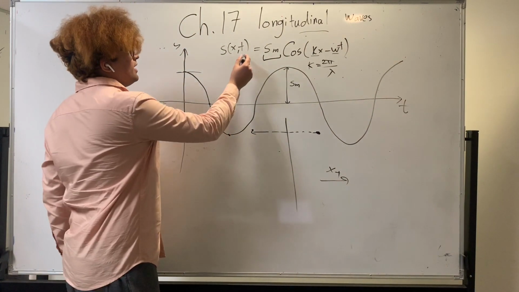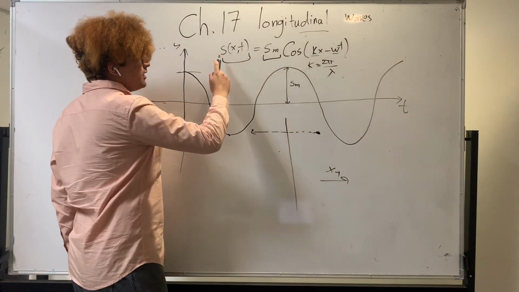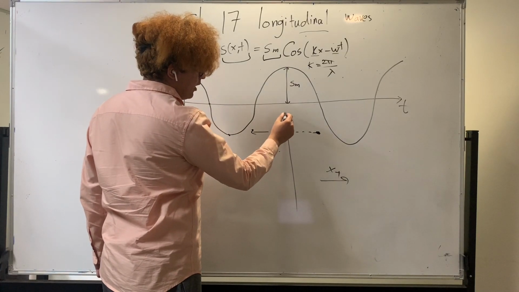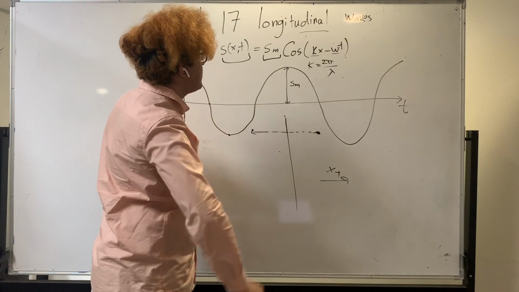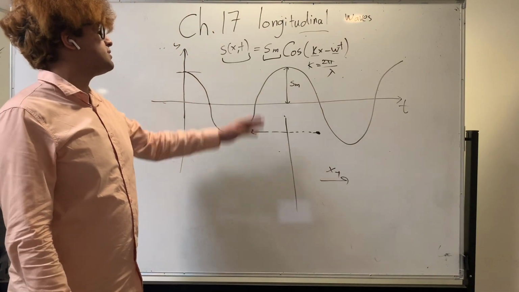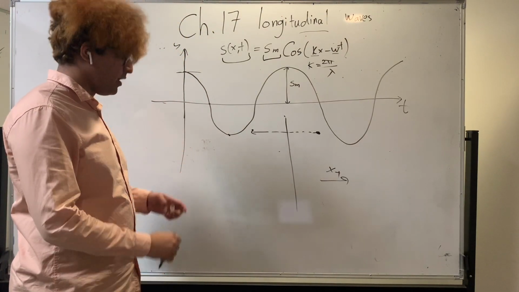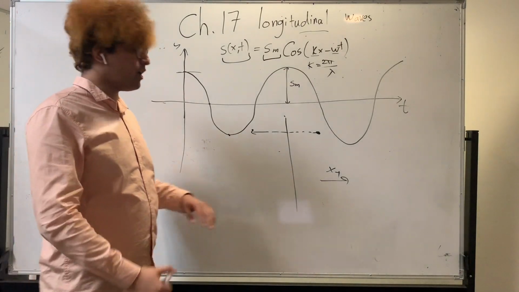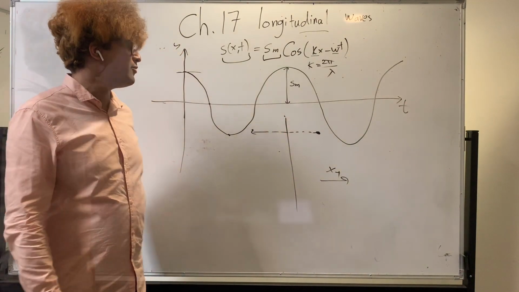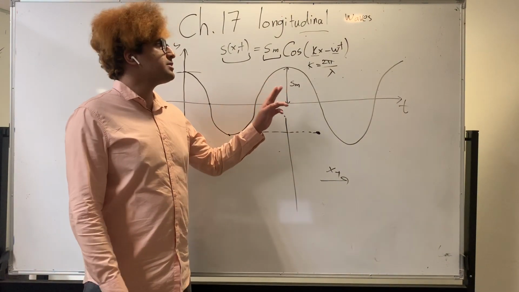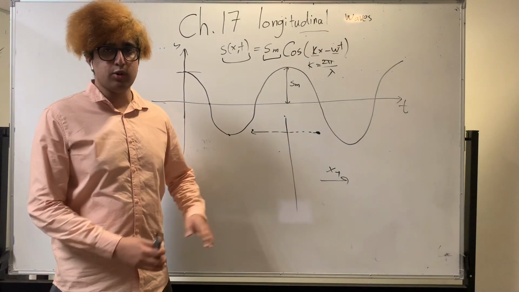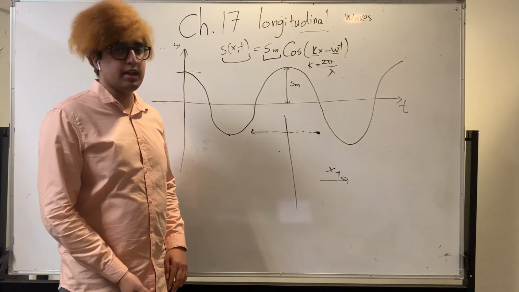Okay, and this here is the output of our equation, and it gives you the position around the mean axis. So if you understand this equation, you understand how we describe the displacement of the particles in a longitudinal wave.